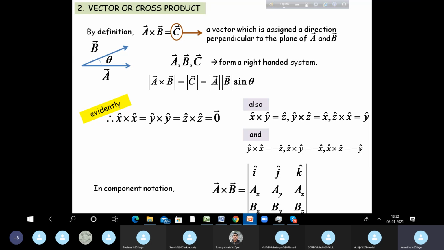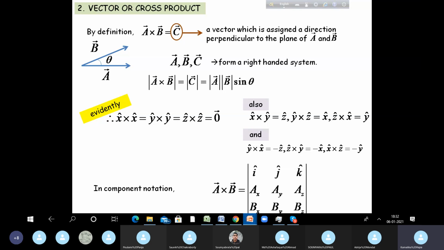And remember, as I told you, that the vector C is perpendicular to both A and B. So if you are given two vectors A and B, you can take its cross product, and then you can take the dot product of C individually with A and B to show that indeed C is perpendicular to both A and B. Because in both cases you will get 0, because the dot product of two perpendicular vectors is always 0.